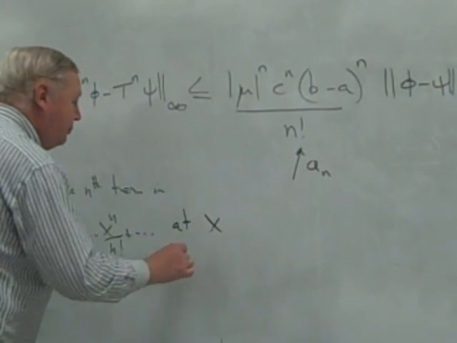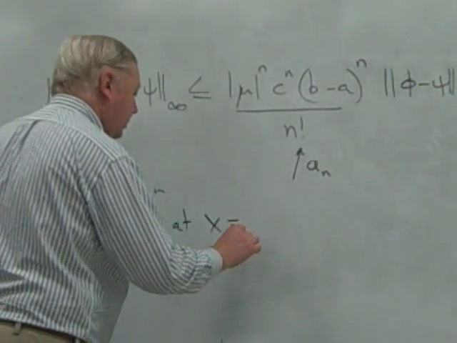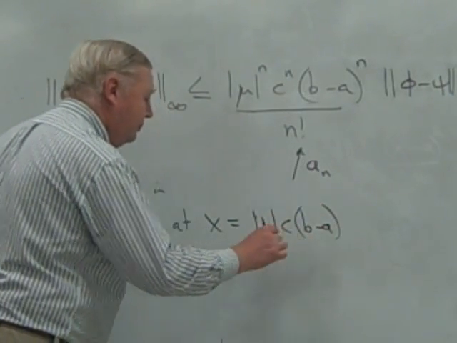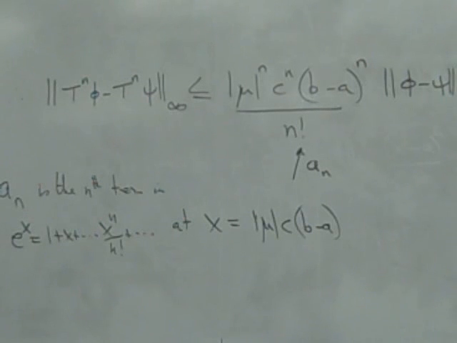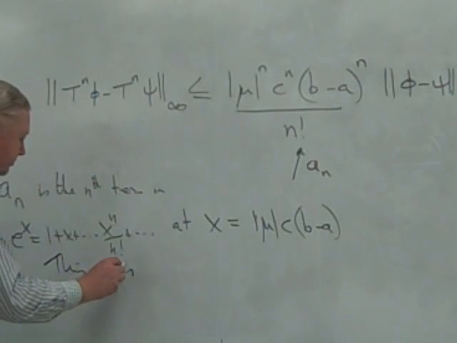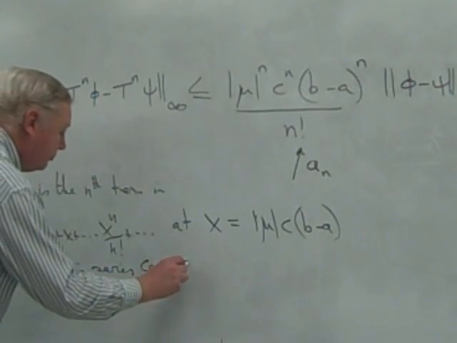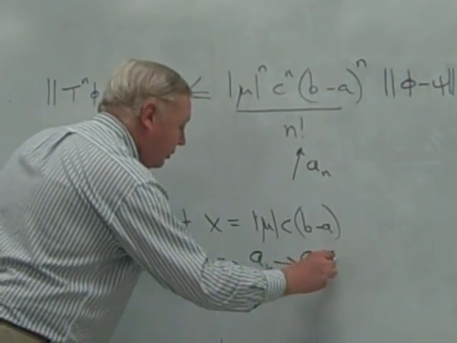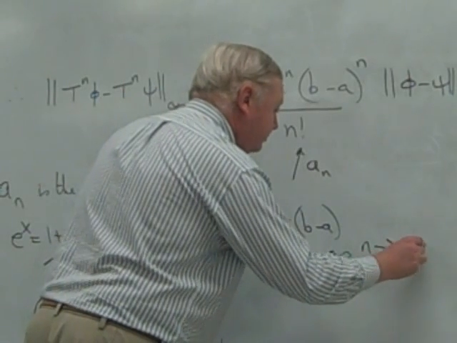When I plug in x equal to the absolute value of mu times c times b minus a. Since the Taylor series for e to the x converges, the terms go to 0. So this series converges. And consequently, a_n goes to 0 as n goes to infinity.